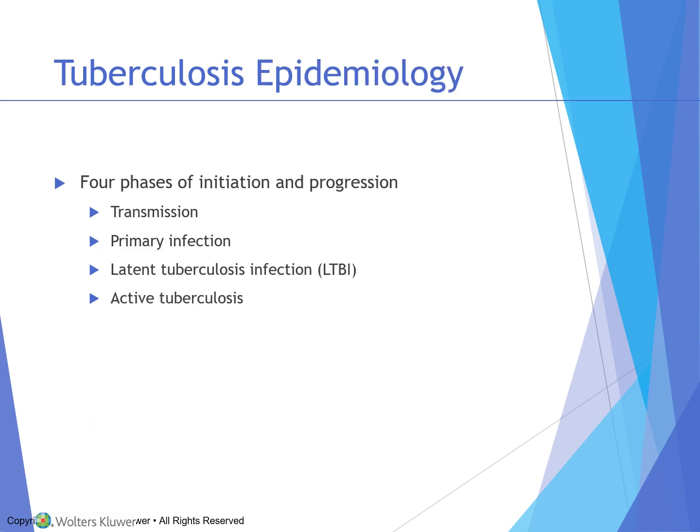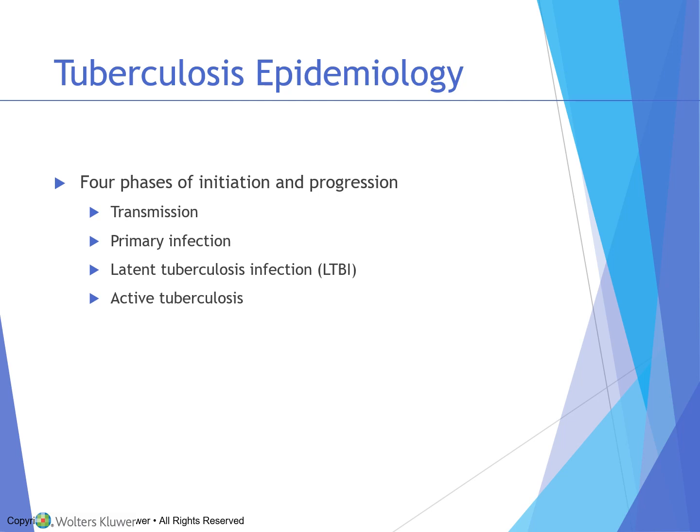Now, there are four phases of this infection. The first one is transmission, and this is when an uninfected person inhales infected airborne droplets that are exhaled from an infected person. Then we have primary infection, and that's when the person actually becomes infected.